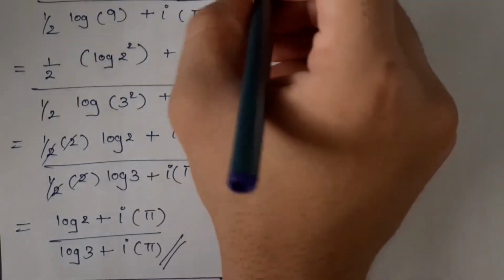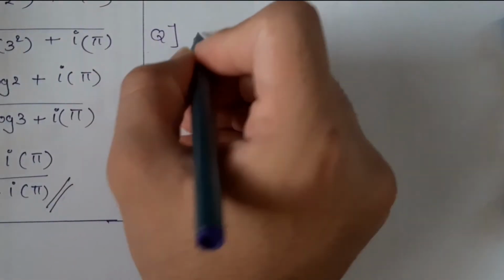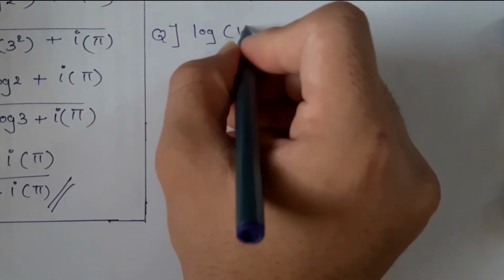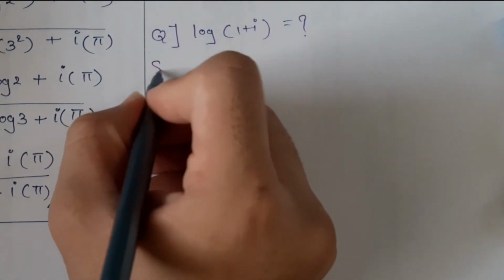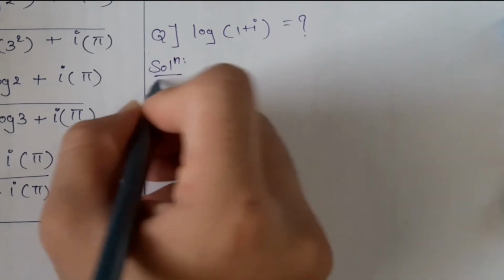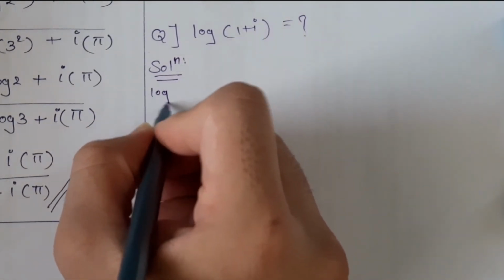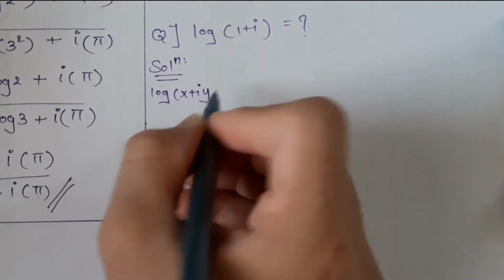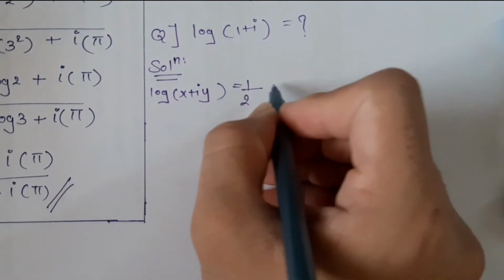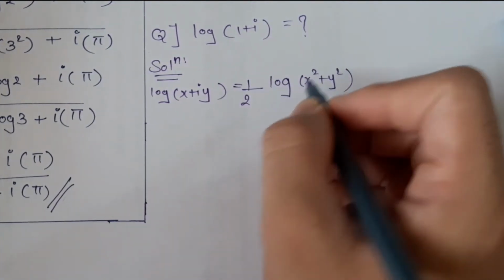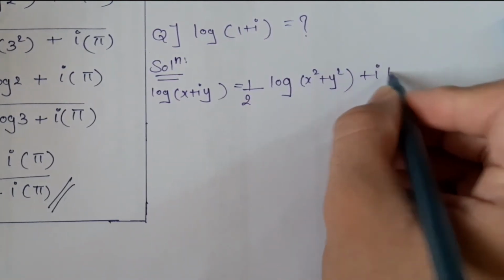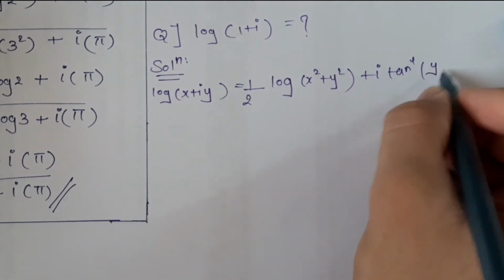Now the next numerical is: find the value of log of 1 plus i. Okay, we have to find the value of log of 1 plus i. So solution: now we know that log of x plus iy can be written as 1 by 2 into log of x square plus y square plus i into tan inverse of y by x.